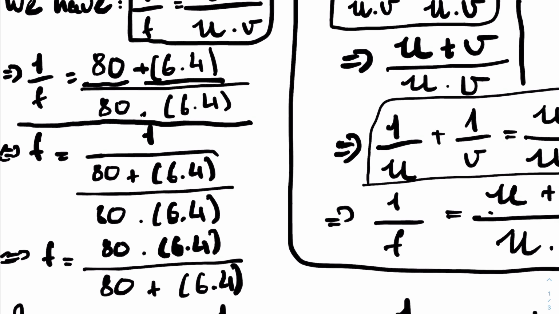Then we can separate f by taking 1 divided by (80 plus 6.4) over (80 times 6.4).